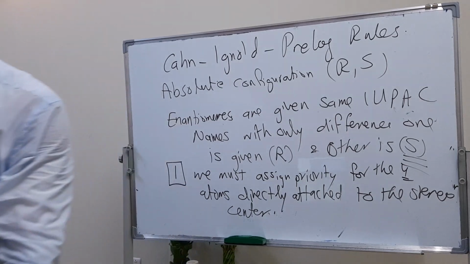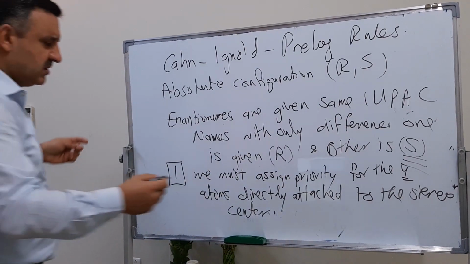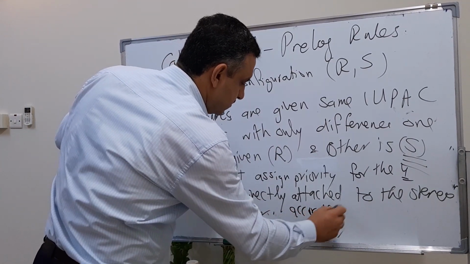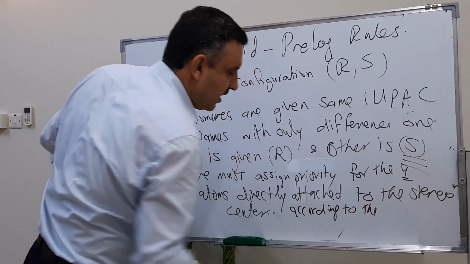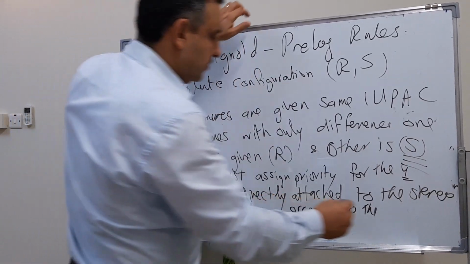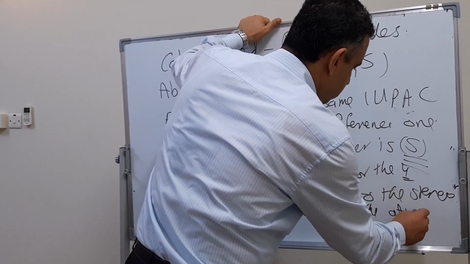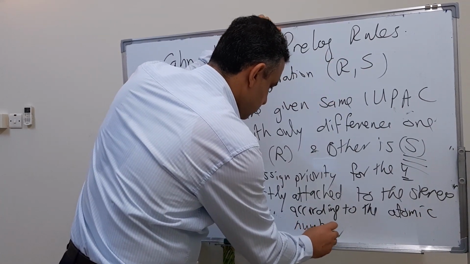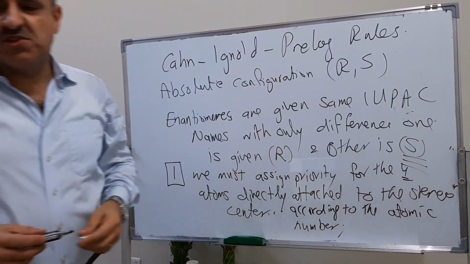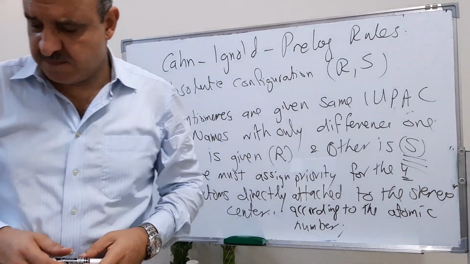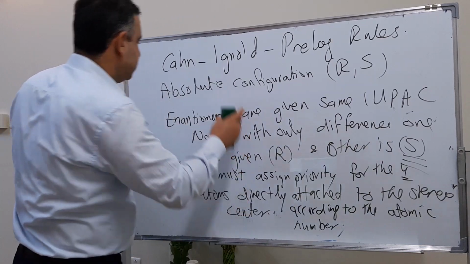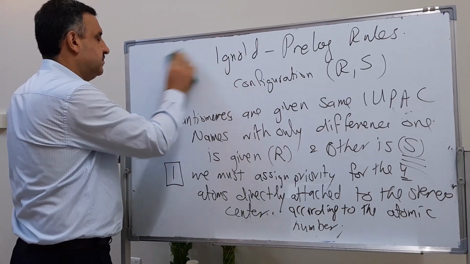Anyway, the priority here is according to the atomic number. Do you follow me? So, let me just give you some examples for the first rule.